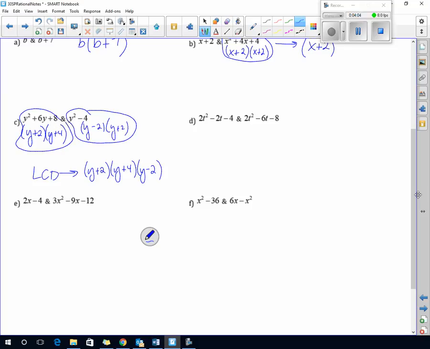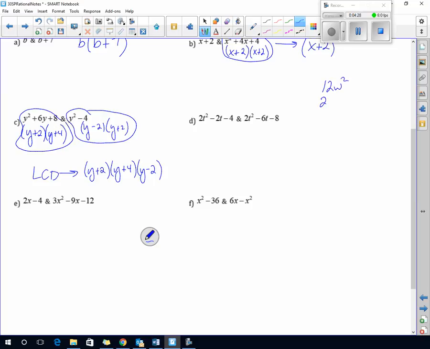Okay. Back in grade 10, just so you know, and I don't know how you guys learned this, LCDs and stuff, say you had 12w squared and, say, 24wy, and you had to find the LCD between those. It seemed like you had no troubles doing that from the previous lesson. But this is how you learned it in grade 10.